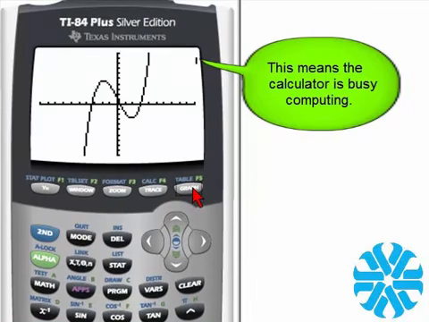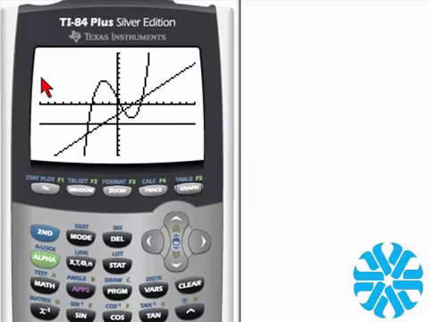So it graphs the cubic, then our next function, and then remember the line used to be up here, and now you can see it went down here by putting the negative sign in front of it. So you can again use the editing keys to see what happens to a particular graph when changes are made.